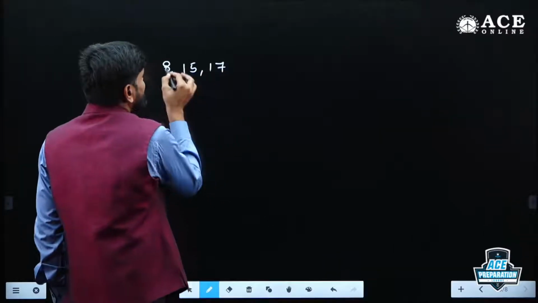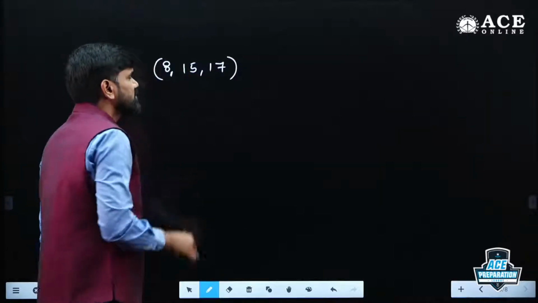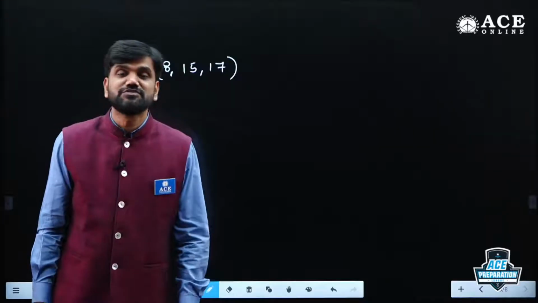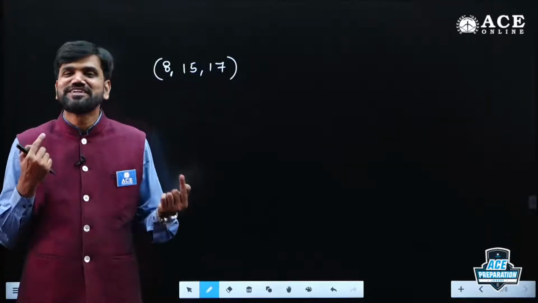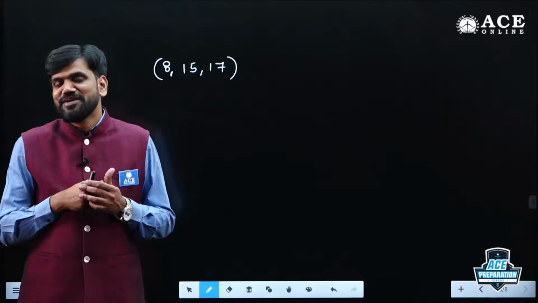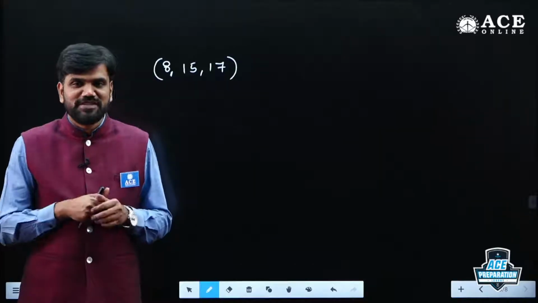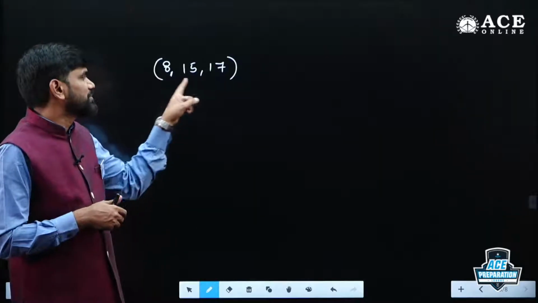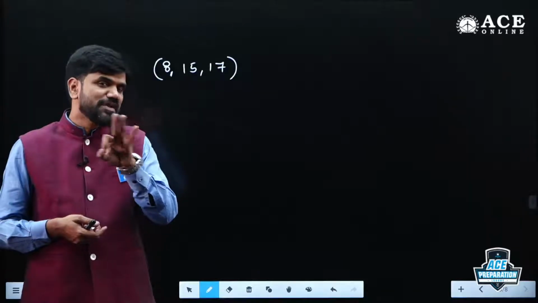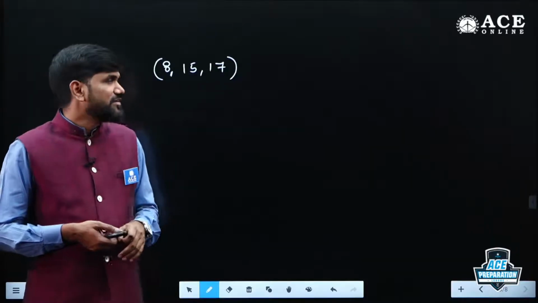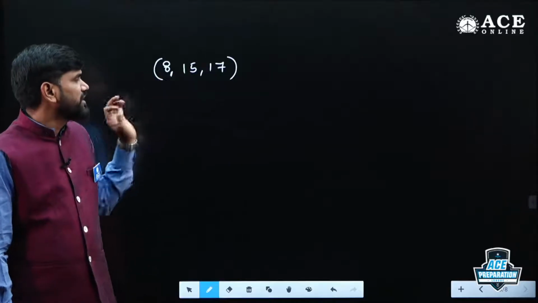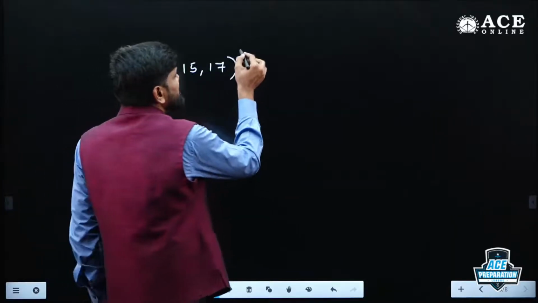So here 8 is not a prime number, please remember that. If you take the square of 8, that will be 64, half of 64 will be 32, 32. But 8, 32 is not a Pythagorean triplet. So this is one Pythagorean triplet which is not starting with a prime number, keep that in mind. So 8, 15, 17, please remember this one.